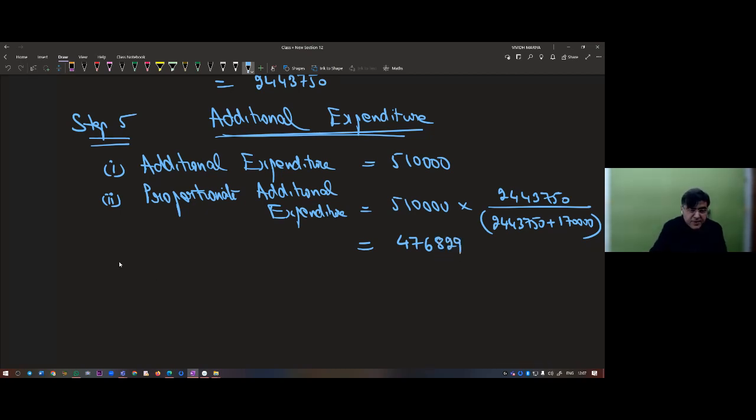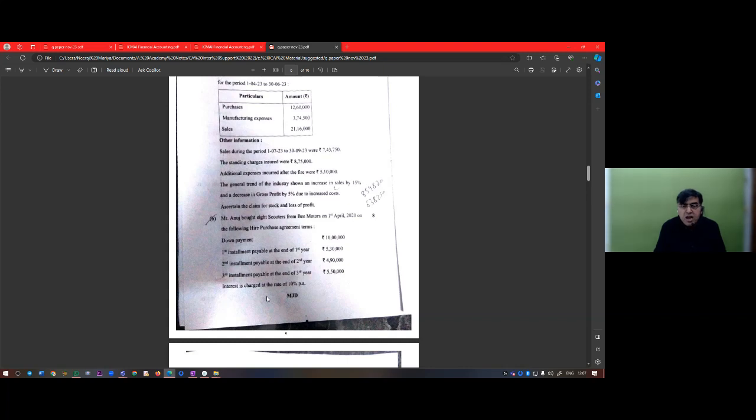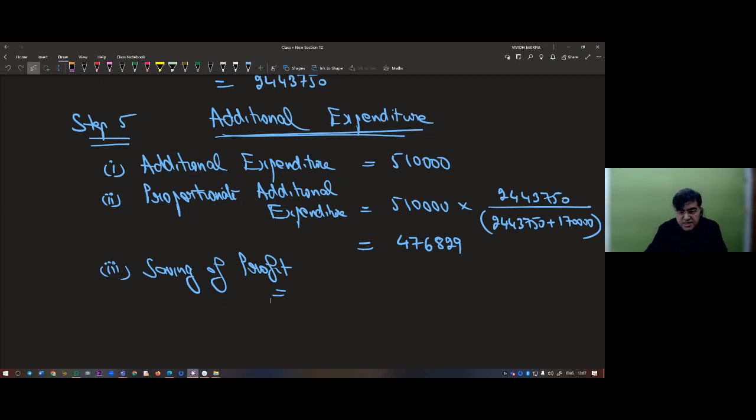And third part is saving of profit. Saving of profit would have been, the turnover would have been nil. The turnover is 743,750.